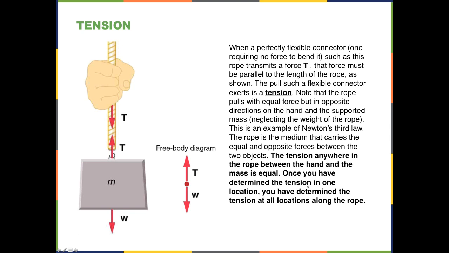And once you've determined the tension in one location, then you've determined the tension throughout all the locations between here and here, this hook here, and that transmits all the way down to here. And this is the appropriate free body diagram here.